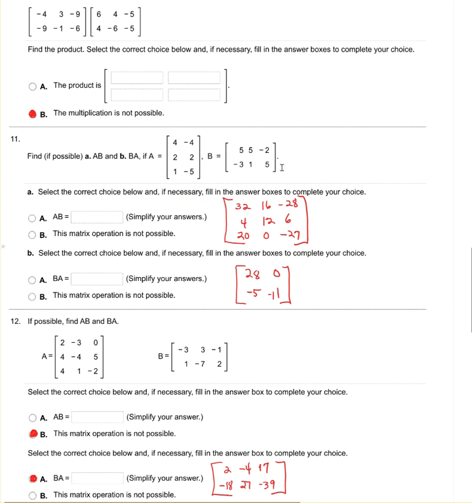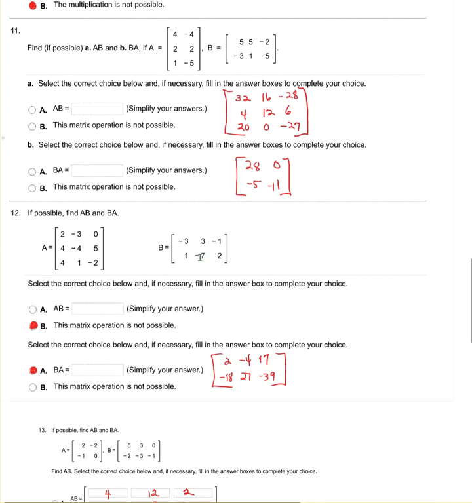We can do that, and so you would put A in and B in and do AB. Then for B times A, you have to think number of columns equals number of rows, because sometimes it might work one way and not the other, but it does work both ways. So you get both those in, you do AB, and then you do BA.